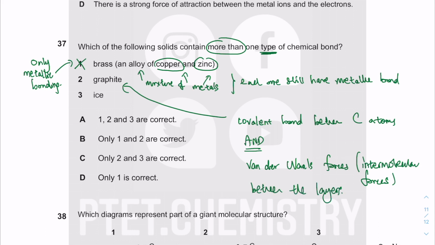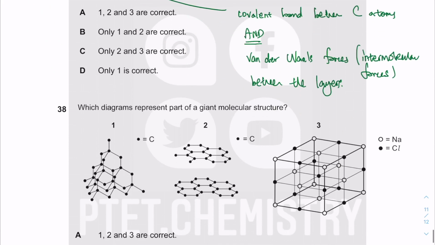Okay, so graphite has this layered structure. What you have is weak van der Waals forces between the layers, while all of this inside is a strong covalent bond between the carbon-carbon atoms.